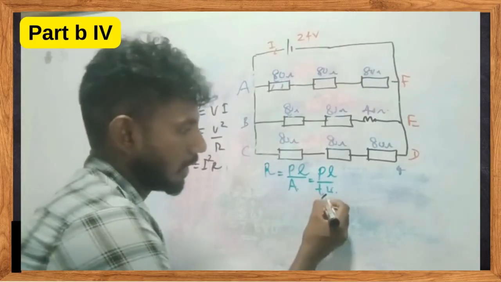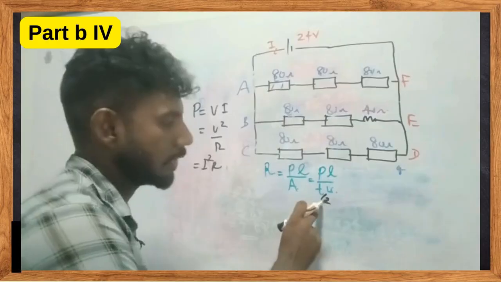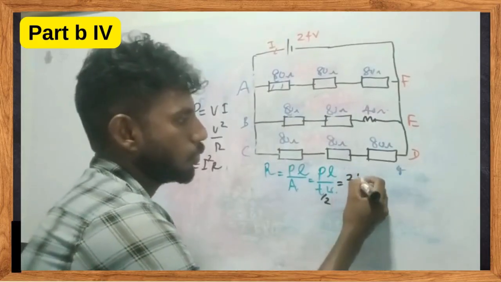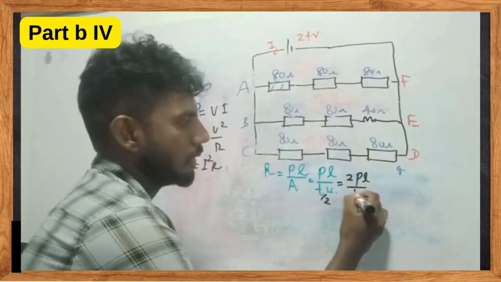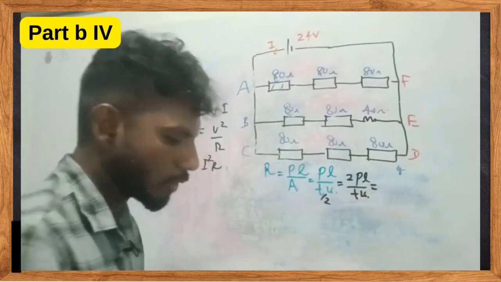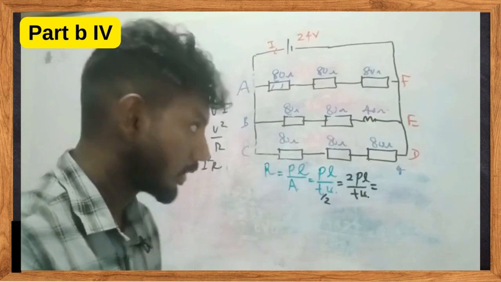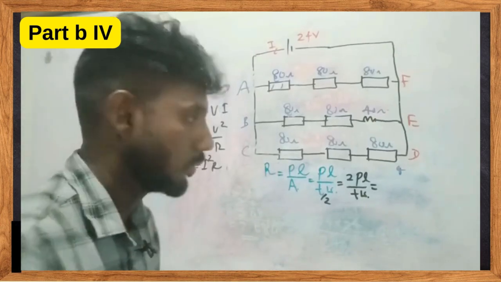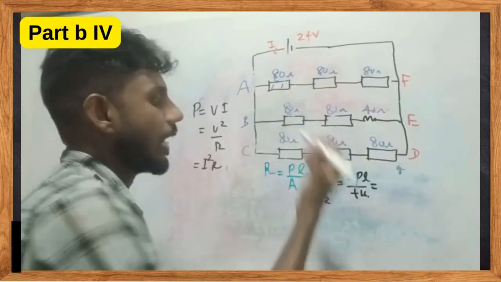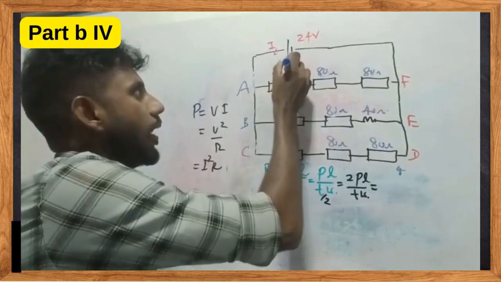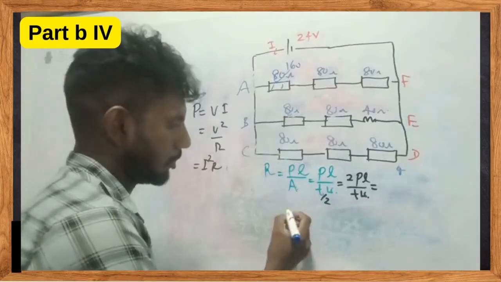So it's T over 2. So you can see easily this 2 goes up. So that's 2 rho L over TW. Basically what actually happens is the resistance increases, it gets doubled. So previously it's 80, now it's 160 over here.